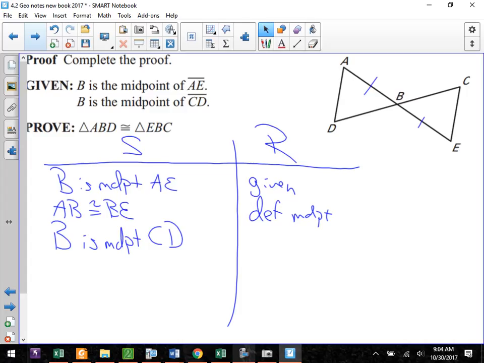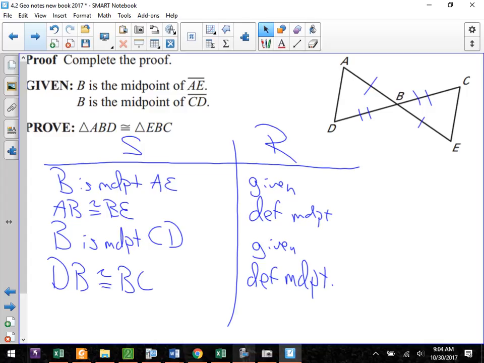What two segments are created, or excuse me, are congruent? I marked it. Write it down. Again, what did you use? The definition of a midpoint.